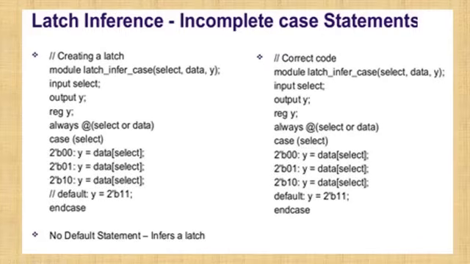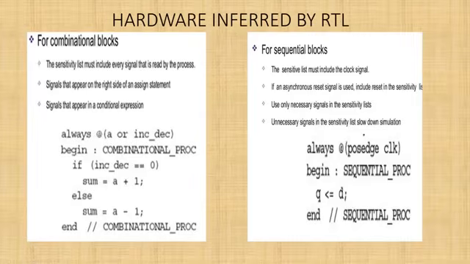It infers a latch when you have a missing default statement, and it infers a mux when you have a default statement. When you have A, B, C or any normal signals instead of a clock, it infers combinational logic. But if you have a clock based sensitivity list with the always block, it infers sequential elements.